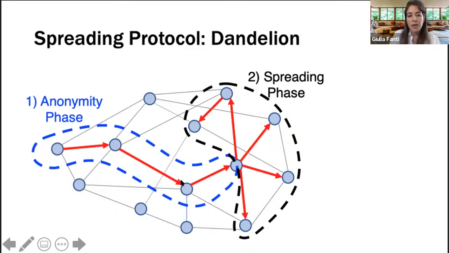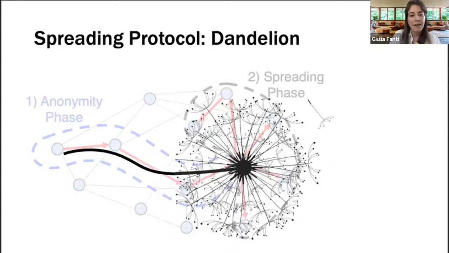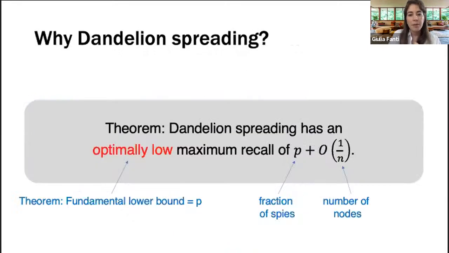And it does this for a random number of hops until finally it starts diffusing the message. So we call this the anonymity phase and the spreading phase. Kind of looks like a dandelion seed head. But the point here is that Dandelion spreading is useful for us because it has an optimally low maximum recall. So, plus smaller order terms, it meets our lower bound of P on the maximum recall that can be achieved.